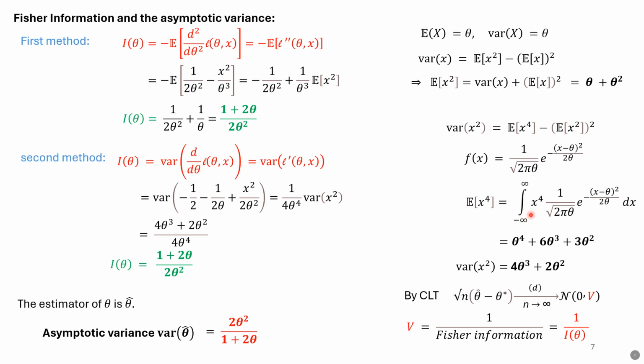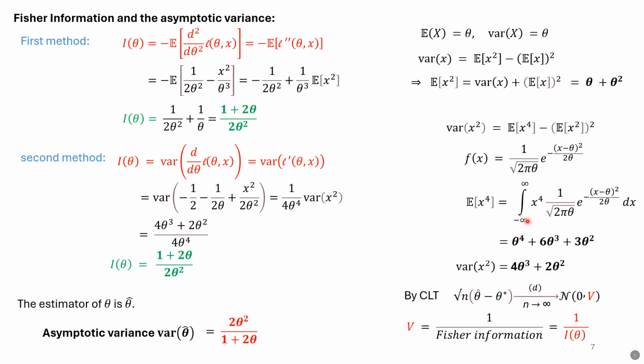So this is the integral from negative infinity to positive infinity of x to the power 4 times my PDF. The PDF is here, and it becomes theta to the power 4 plus 6 theta to the power 3 plus 3 theta squared. Then finally this variance of x squared becomes 4 theta to the power 3 plus 2 theta squared.